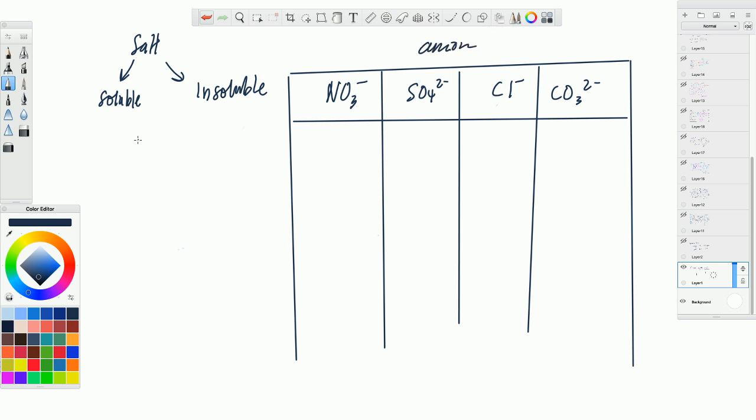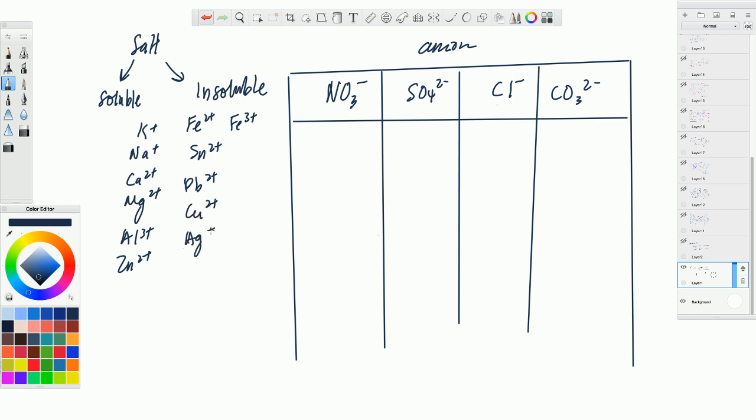You have your cation. Okay, so any anion can combine with any cation to form a salt.